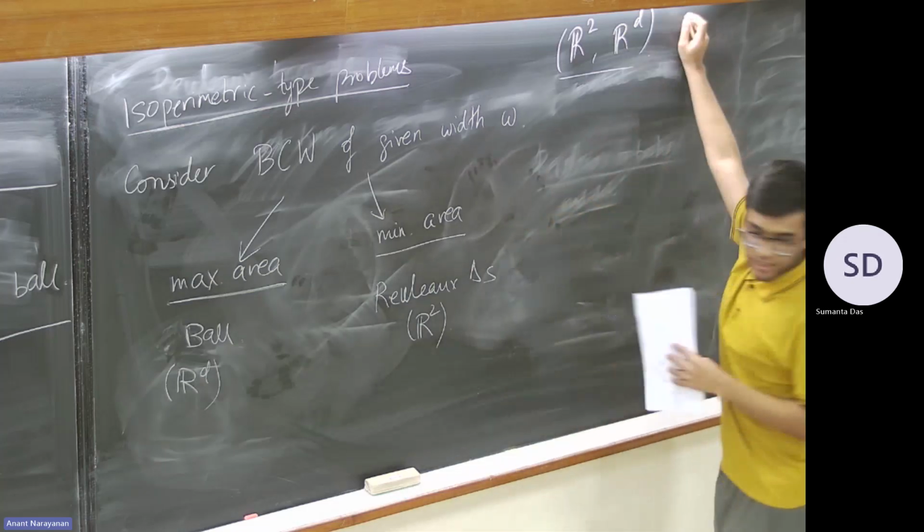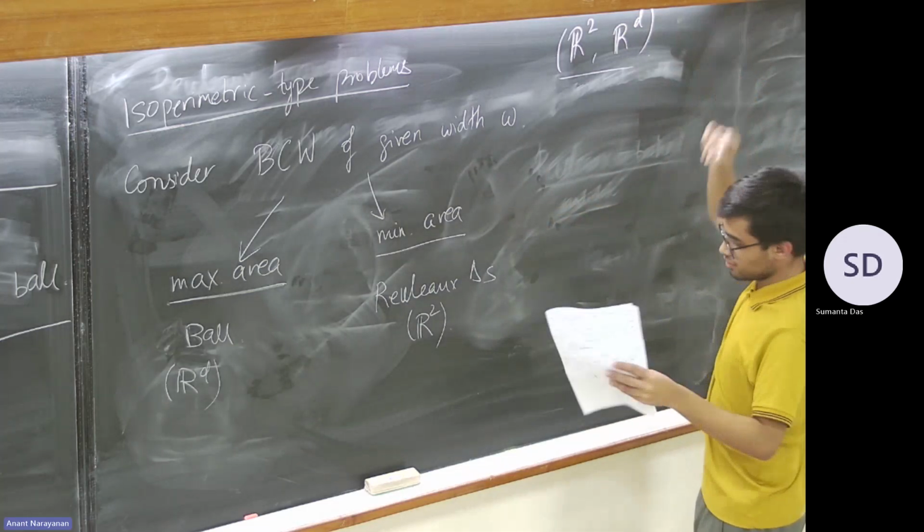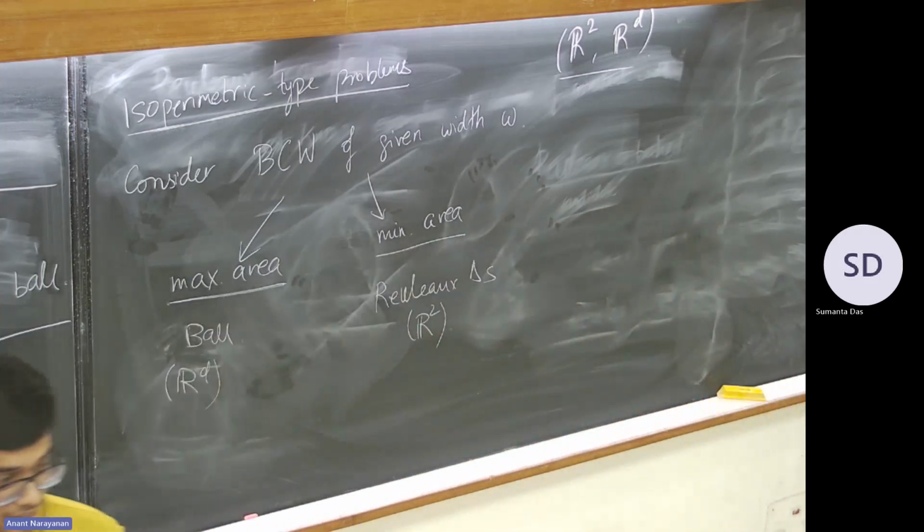Okay, so is it fine if I write here? So let's say you have one body of constant width in RD. Let's say you slice it. If you take a slice, if I have a body of constant width and I take a slice, will it be a body of constant width?